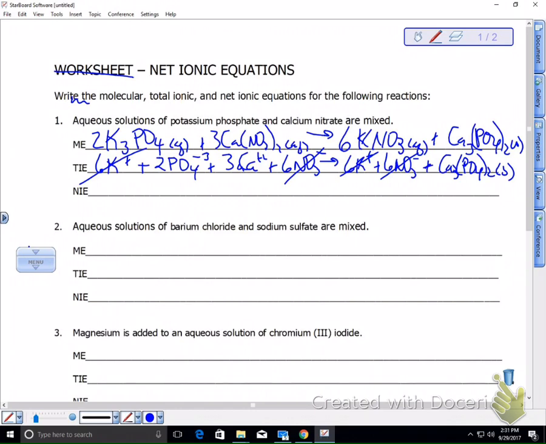So that leaves us with a net ionic equation of 2 phosphates plus 3 calciums to form calcium phosphate, which is the precipitate. In essence, what we have as a net ionic equation is an expression that explains to us how we made the driving force.